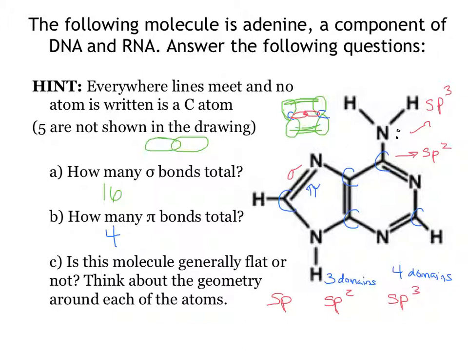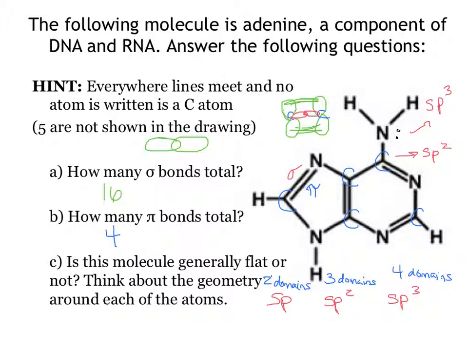All right, let's go one more. If I'm talking about an sp hybridization, I'm mixing together 1 s and 1 p. So how many electron domains would you expect? 2 domains. If I'm only using 1 s orbital and 1 p orbital, how many p orbitals are left over? 2.